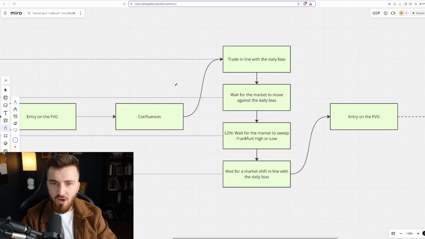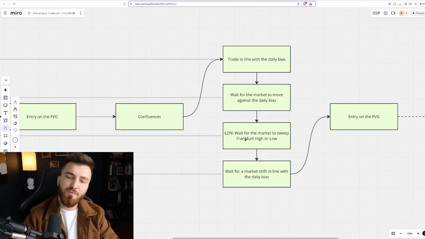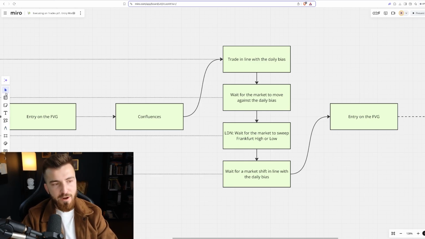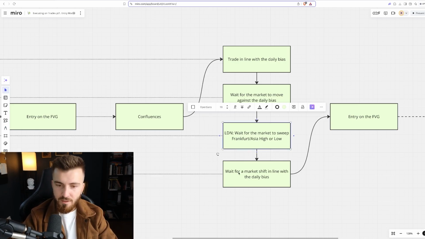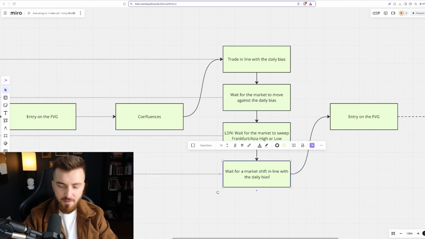So the confluences are: trade in line with the daily bias. Wait for the market to move against the daily bias. In London, wait for the market to sweep Frankfurt or Asia high or low. And wait for the market to shift in line with the daily bias.